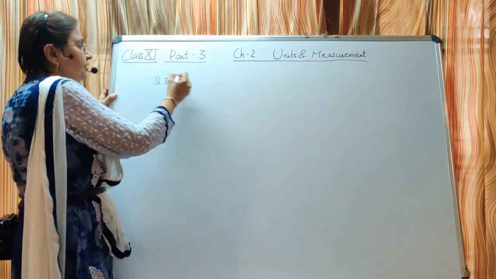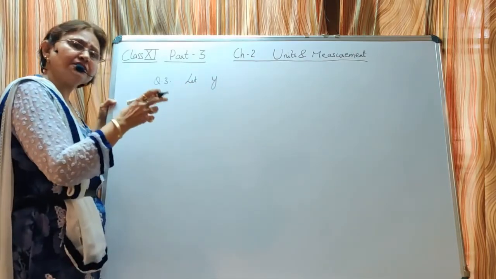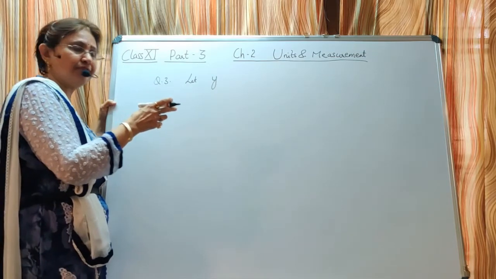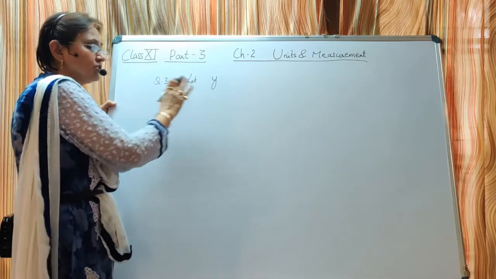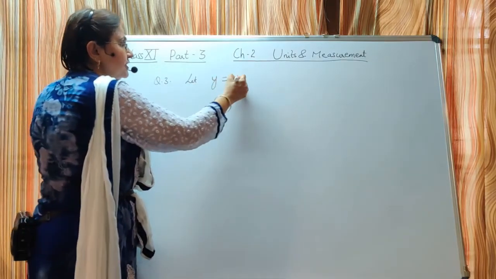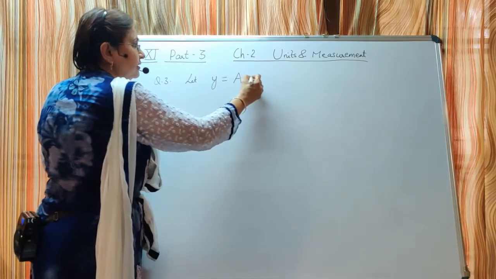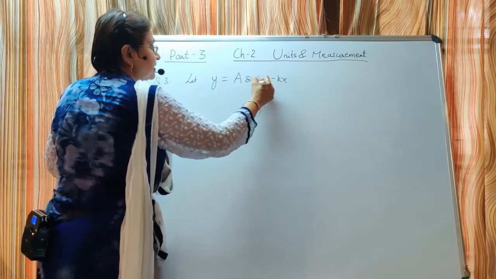Okay, question number 3. Displacement is the shortest distance between initial and final position. This we are discussing in case of oscillatory motion, which you will study later on. I'll write the equation. Let the displacement be given by y = A sin(omega t minus kx).